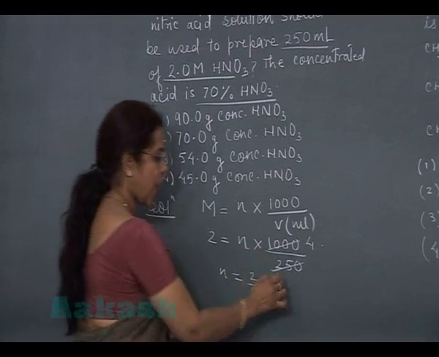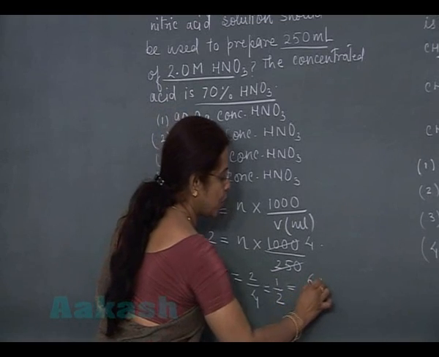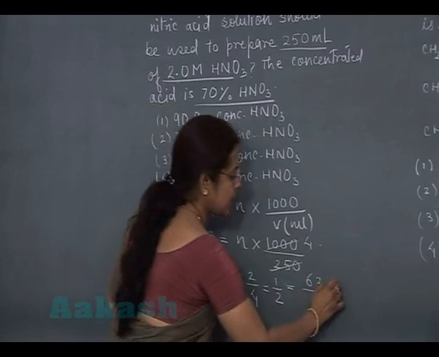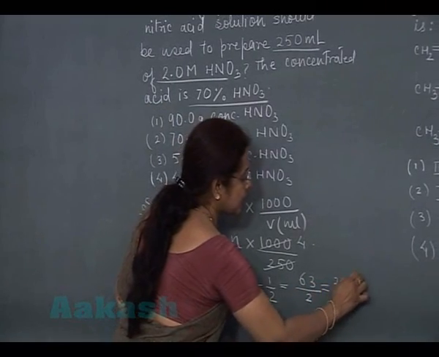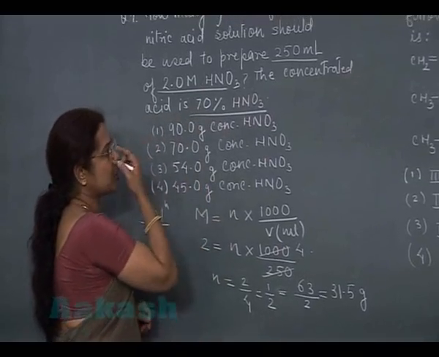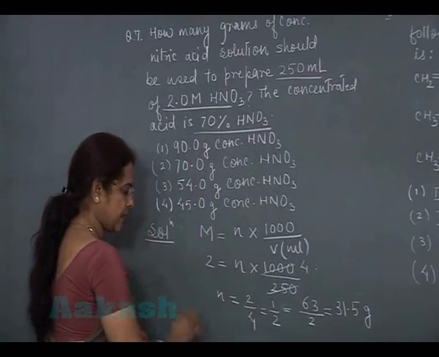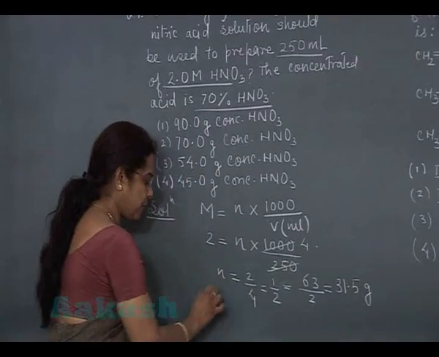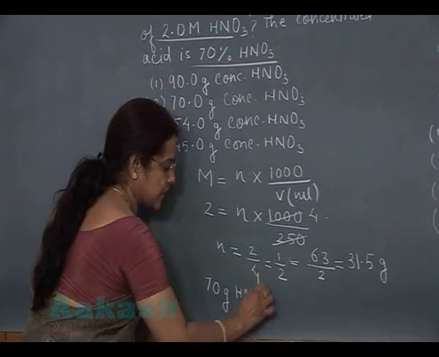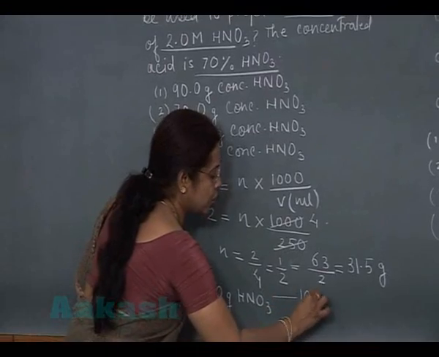The mass of half mole nitric acid will be equal to its molecular mass by 2, 63 by 2. So here the mass required is 31.5 gram. Now the given solution is 70% nitric acid. 70% nitric acid means if we need 70 gram nitric acid, we have to take 100 gram of solution.